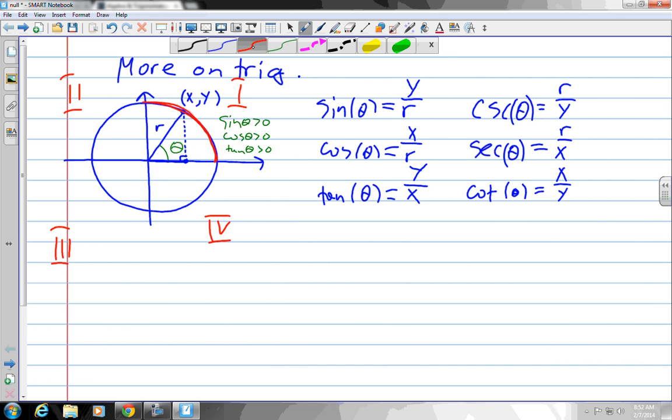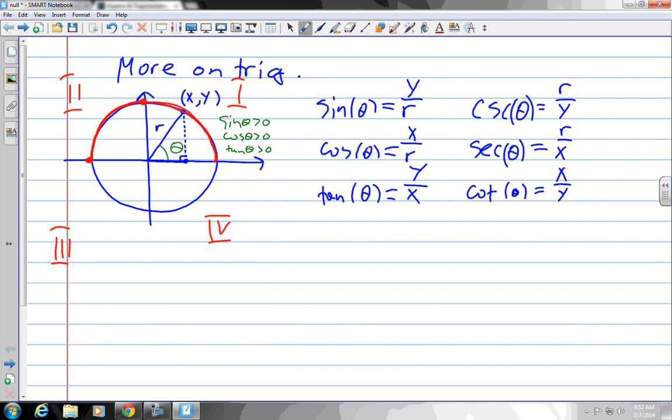Now, if I keep going and move into the second quadrant, if I take any point in the second quadrant, the y value is positive, but the x value is negative, right?